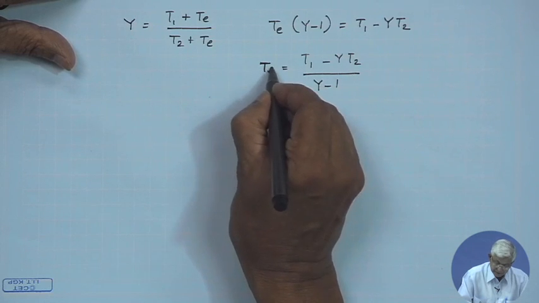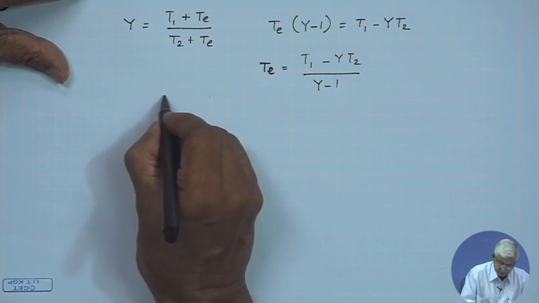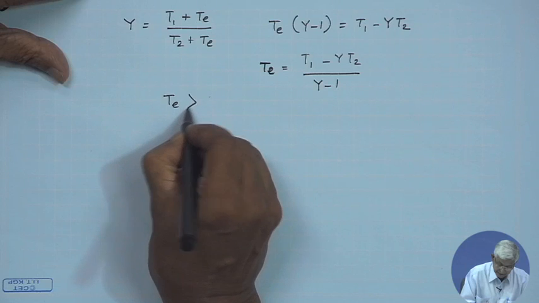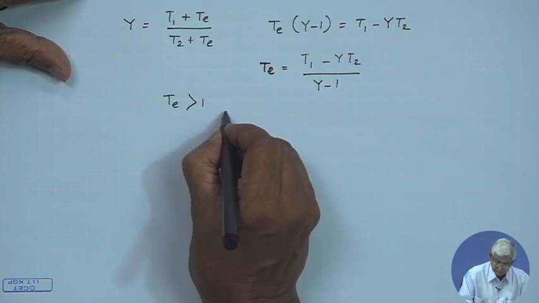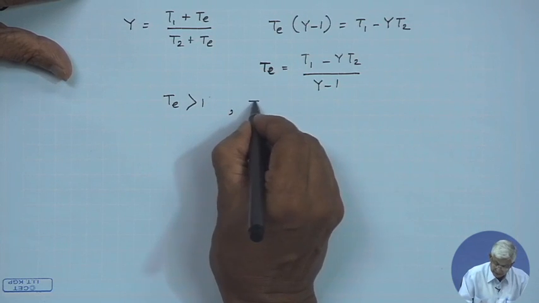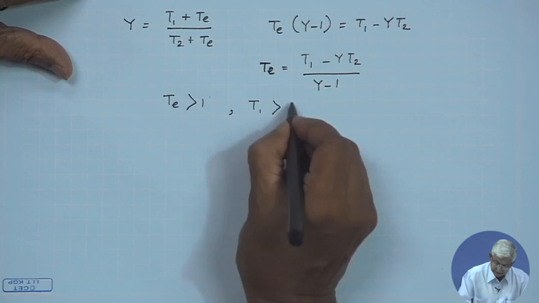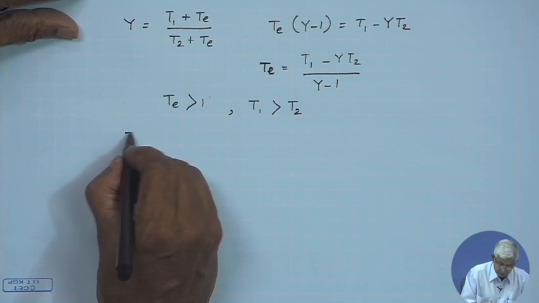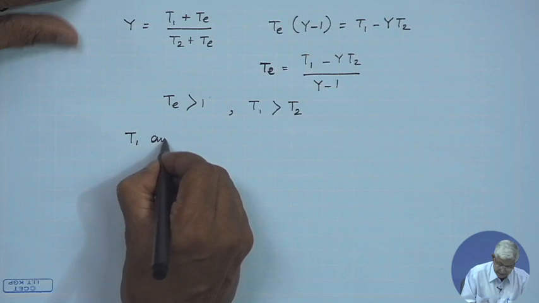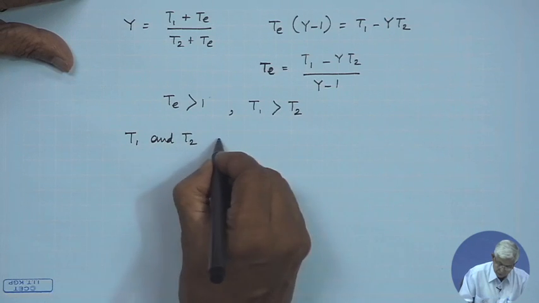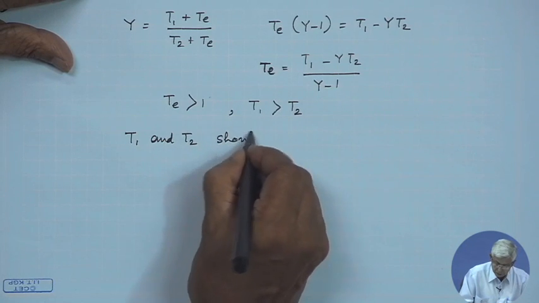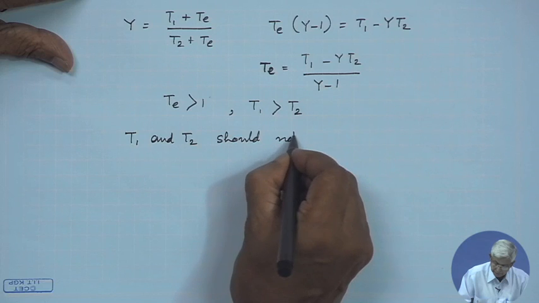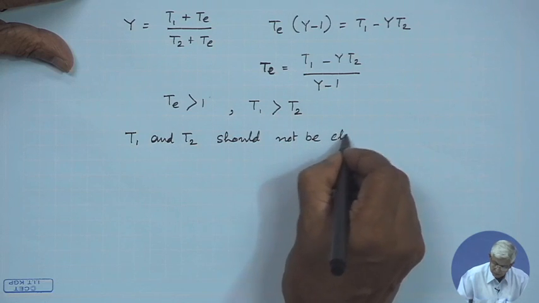Since this effective noise temperature is supposed to be larger than 1, we have to make T1 larger than T2, and also T1 and T2 should not be close.